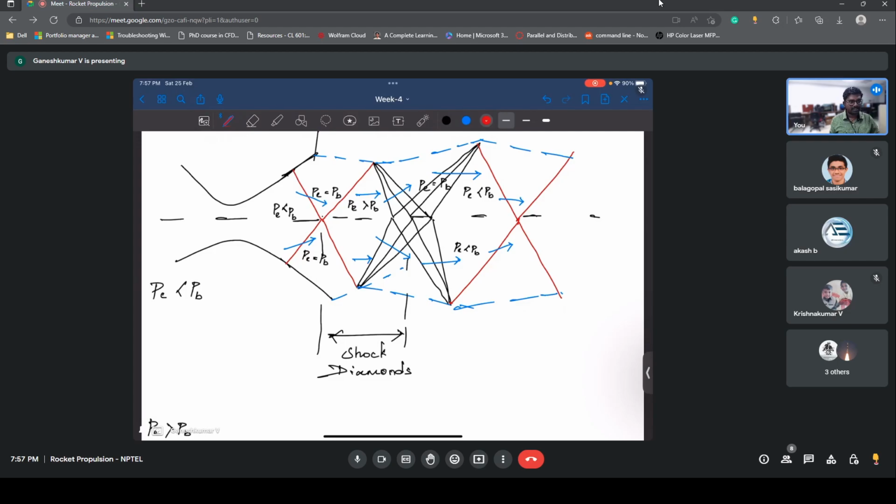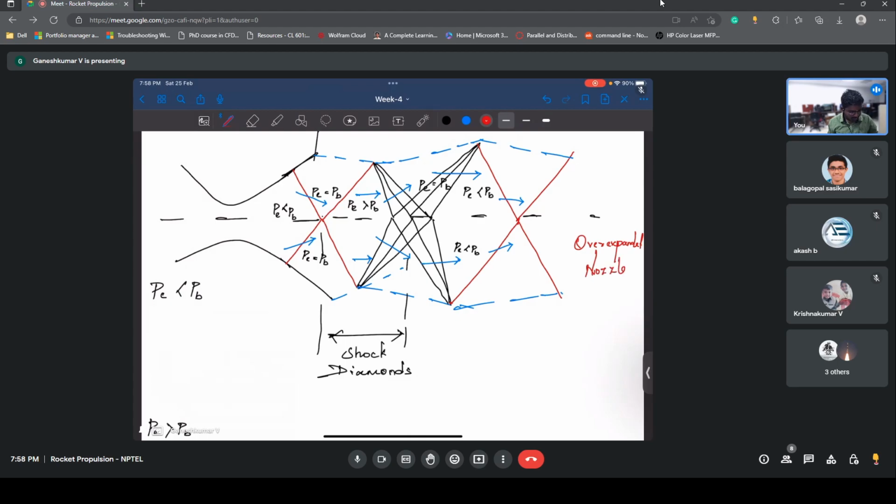Is it over expanded or under expanded? Overexpanded, sir. Yes, because the exit pressure is lower than the back pressure, which means you expanded more. You have reduced the pressure more in the nozzle, so this is an over expanded nozzle.